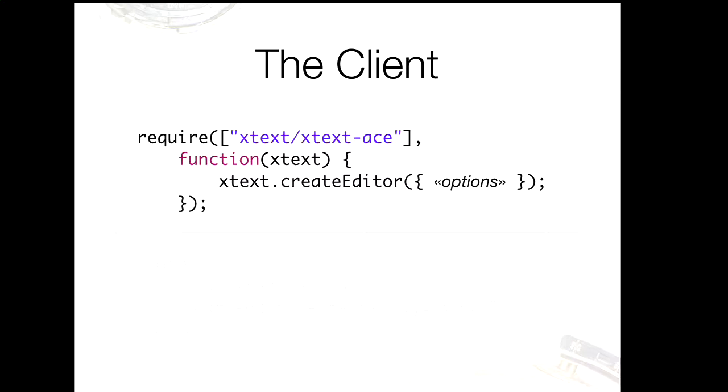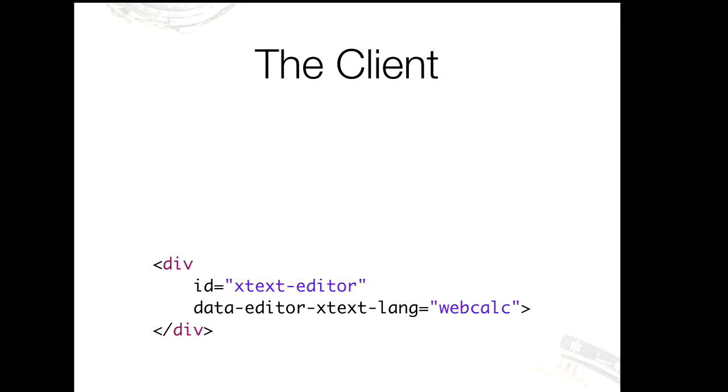So basically, you first load the Xtext editor integration for the editor of your choice. I will come back to this in a minute. And using that, you just say create editor, and as required, you can pass some options. So what this does is that it creates a text editor widget enriched with the language-specific functionality that is backed by the server in a section of your page that is marked with this ID Xtext-editor.